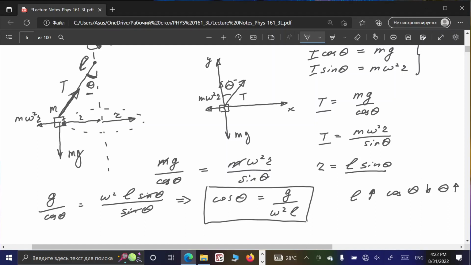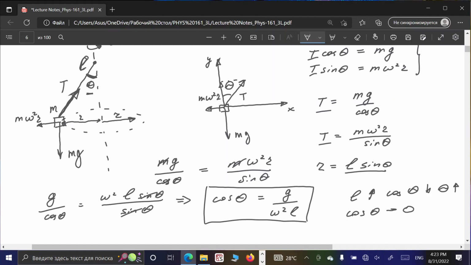So it will just deflect further and further, and at some point omega squared will reach such a value that we can neglect g in comparison to omega squared times L, and cosine theta will approach 0.